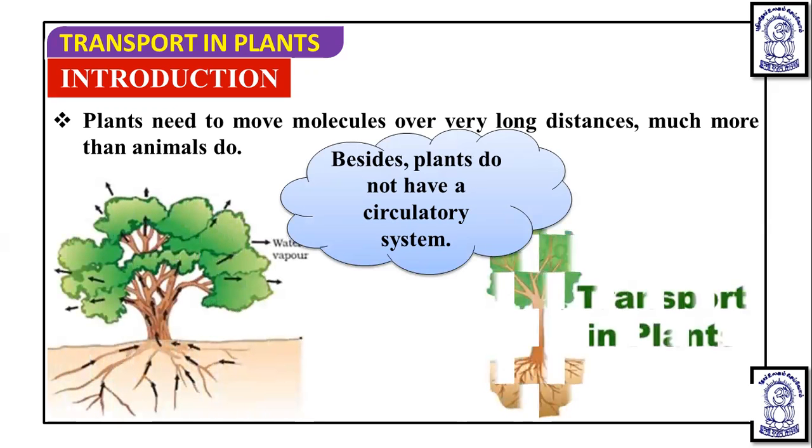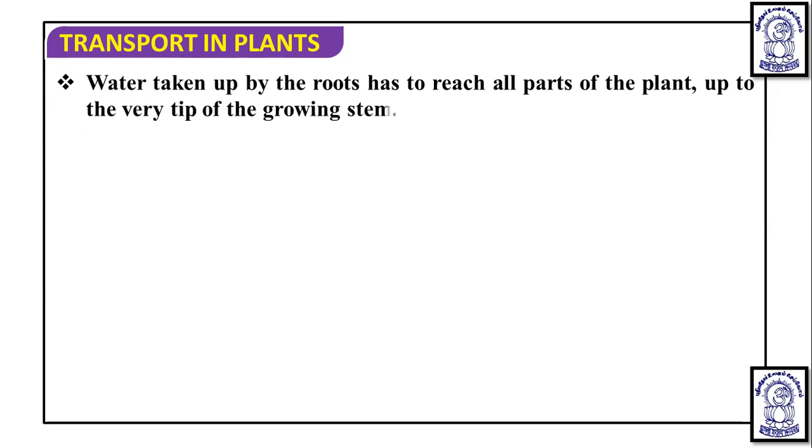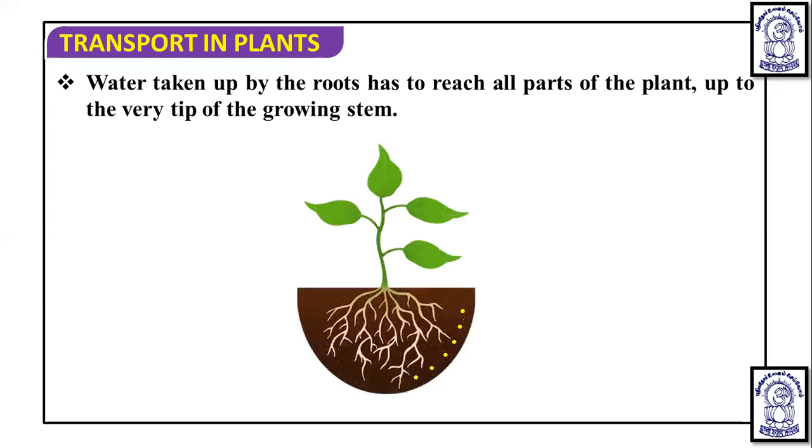So they have to move molecules a very long distance. Water taken up by the roots, when the root absorbs the water, it has to reach all parts of the plant and obviously up to the very tip of the growing stem. So this is how they are absorbed from the roots, then transported to the tip or the other plant organs.